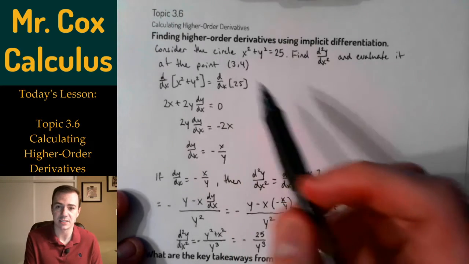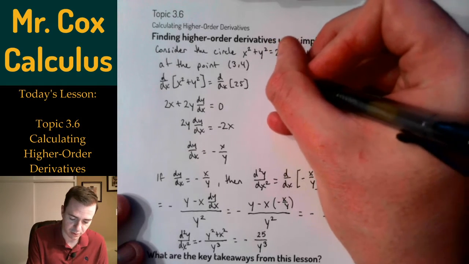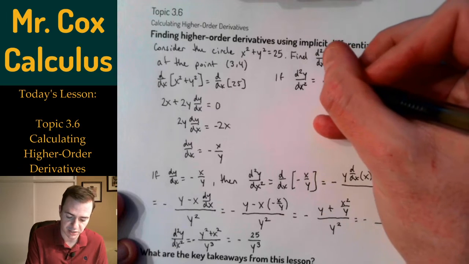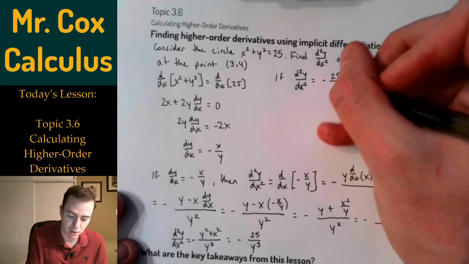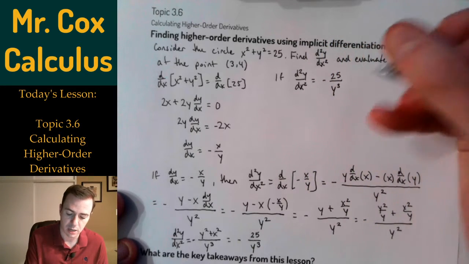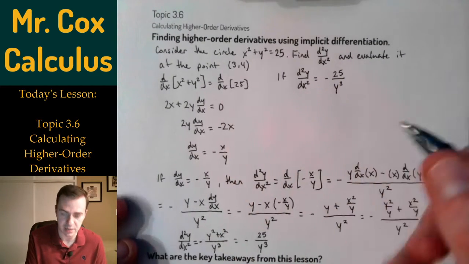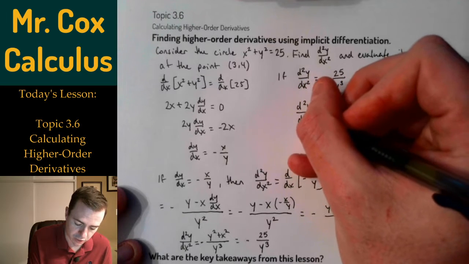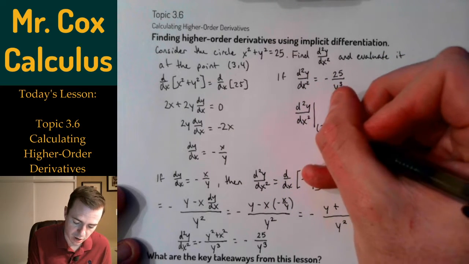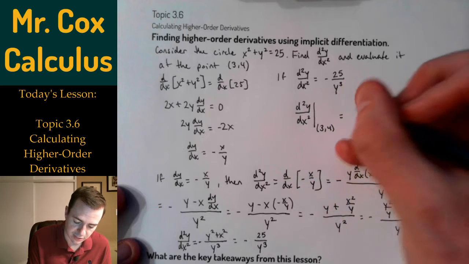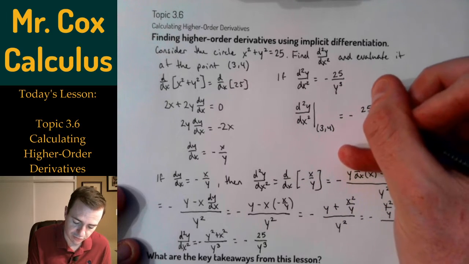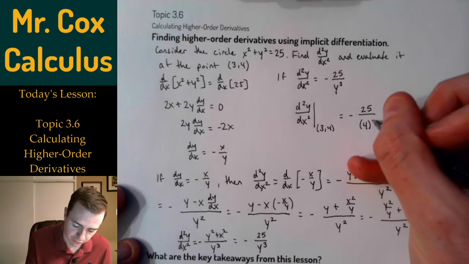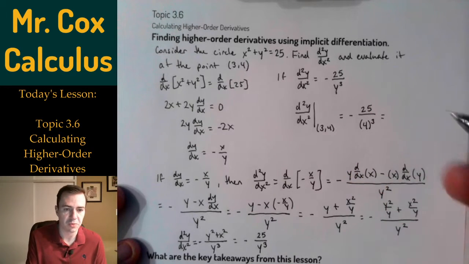Okay, the question asked us now, so if the second derivative of y with respect to x squared is equal to negative 25 over y cubed, we now need to evaluate it at the point 3, 4. So the second derivative of y with respect to x squared evaluated at that point is equal to negative 25 over y is going to be replaced with 4 cubed, and 4 cubed is 64.